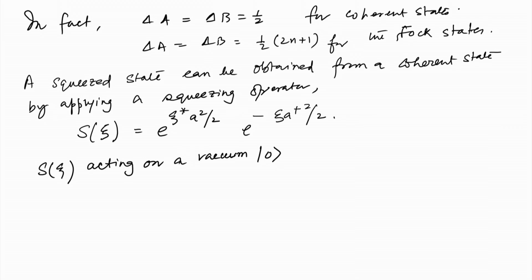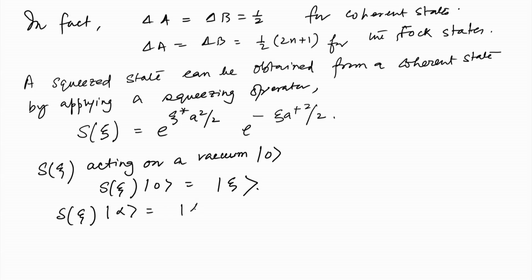And so, if S xi is made to act on 0, that gives me a squeezed state xi, and S of xi acting on alpha gives me another state which is alpha xi.